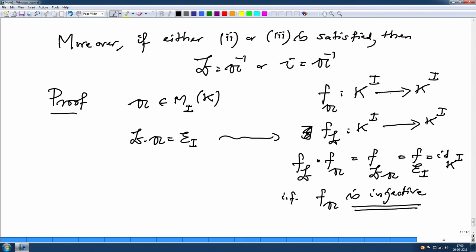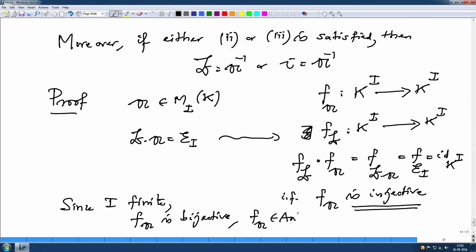But now you are in a finite dimensional vector space, and an injective linear map is bijective. So since I is finite, F_A is bijective. That means F_A is an automorphism, but that will mean the matrix A belongs to GL_I(k). That means A is invertible. So this proves 2 implies 1.